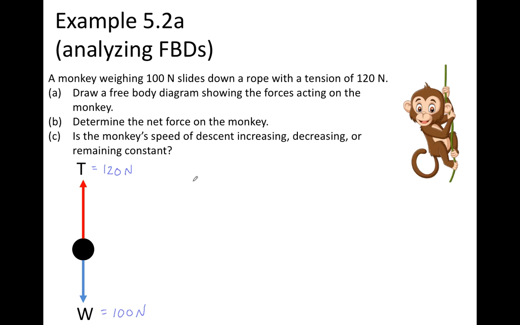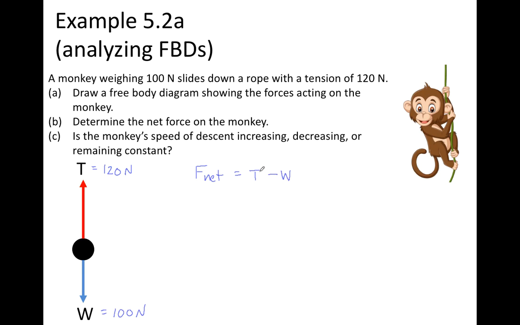For part B, we want to determine the net force on the monkey. So to find the net force, we have to add the forces as vectors. So in this case, the upwards force of tension is going to get a positive sign because that's going to act upwards, and the force of weight that acts down is going to get a negative sign.